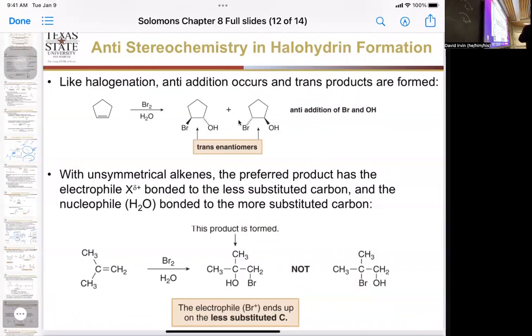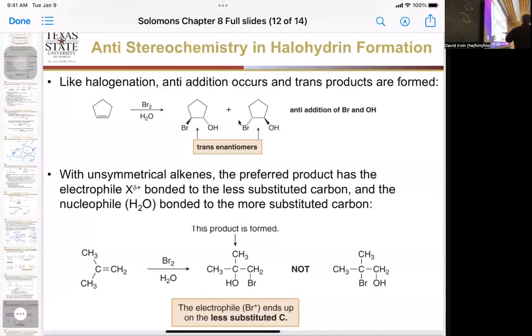So if the more substituted carbon is going to be more positive, that means our second attack is going to attack at the more substituted carbon, meaning we're going to end up with the halogen on the less substituted carbon, and the OH or the ether or the chloride is going to end up on the more substituted carbon. It's all about the mechanism. It's all about stability. Okay.